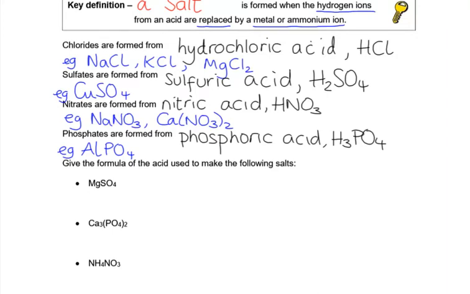But if we had to come up with something like calcium phosphate, that would be a bit trickier because calcium's in group 2. So we would need 3 calciums to balance 2 phosphate ions. The phosphate ion must be a 3- ion if it's got 3 hydrogens in the phosphoric acid.